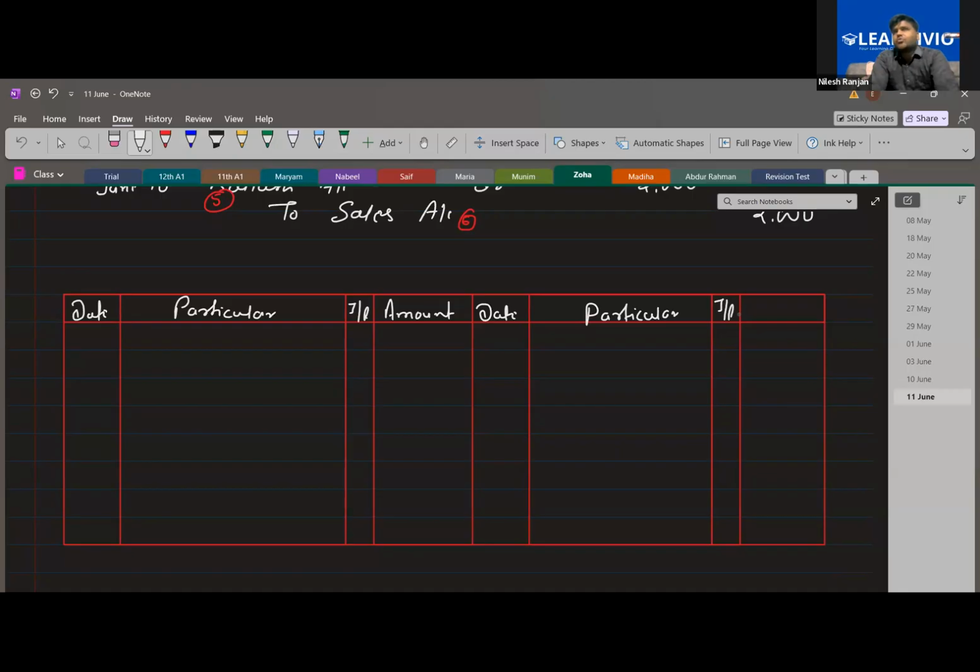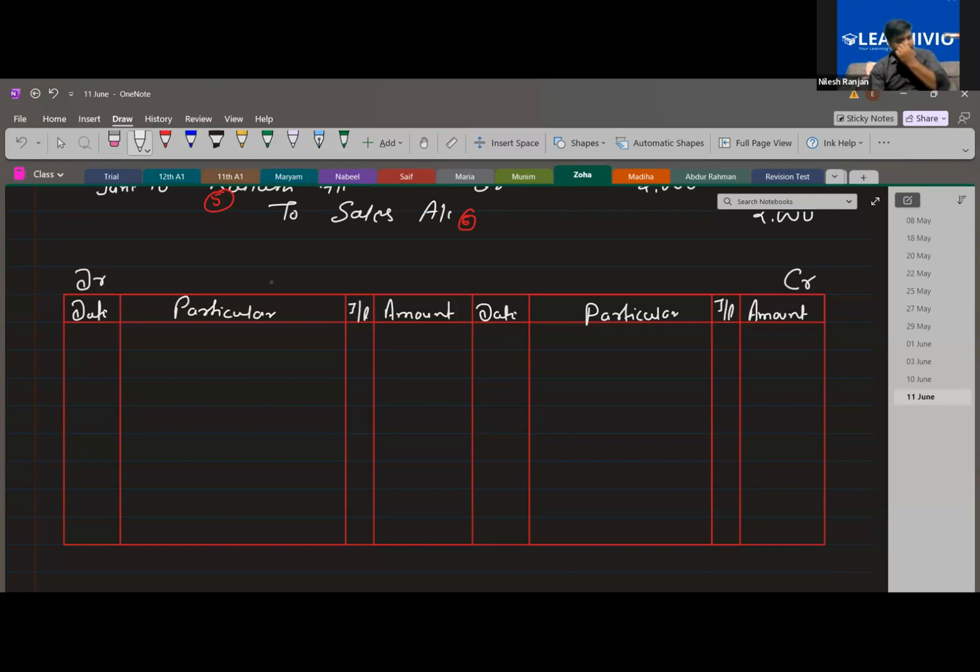There is no concept of page number nowadays because we are doing accounting in a computer system, so that's why there is no page number. The JF and LF columns are related to page numbers, that's why these are blank.